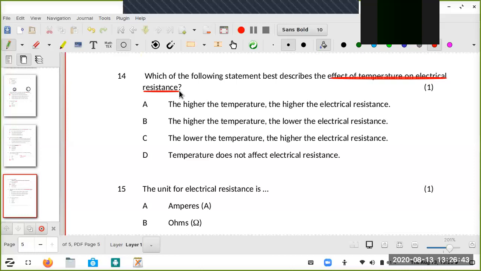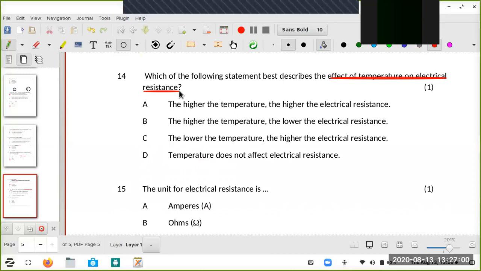Why? Because when a material is heated, right, the particles are going to vibrate faster and faster, thereby hindering what? The charges that are moving.